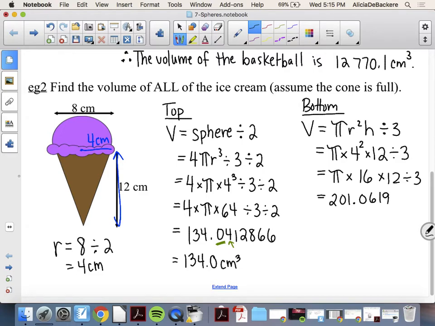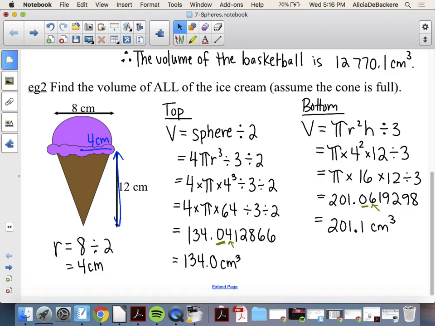And again, my decimal might be a little bit different than yours. I used my pi button, so if you use 3.14, you got a slightly different answer than me. Again, I'm going to round it so that there's one number after the decimal place. The 6 next door makes the decision, and it tells me to change that 0 up to a 1. Again, the units are centimeters, and volume tells me to cube it.